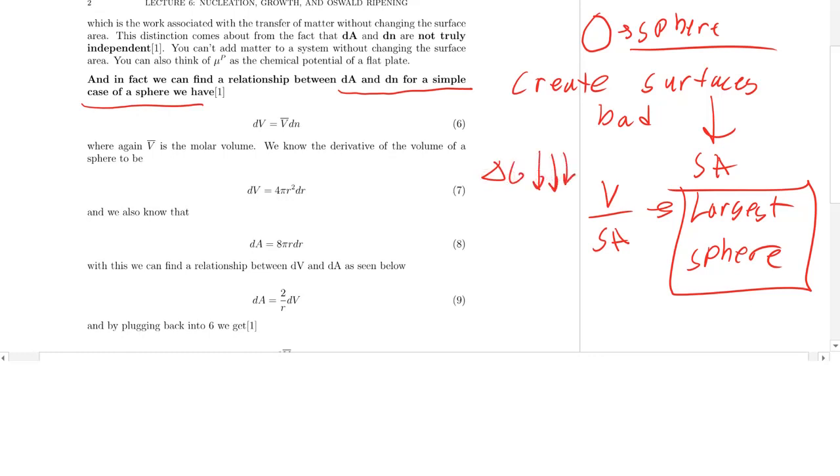We said that creating surface area is horrible, so we want this to be as small as possible. We want this ratio overall to be large. We want to shrink the surface area and increase our volume. That is going to decrease our Gibbs free energy. So a sphere is perfect for achieving this because it's minimizing the energy penalty we have to pay.